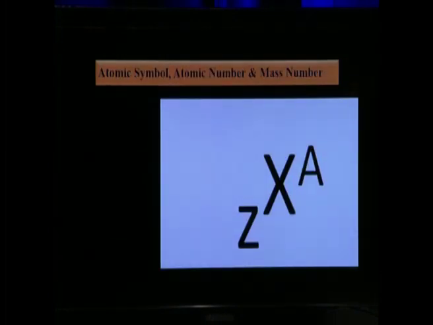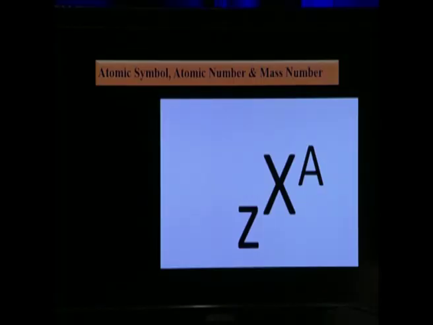Next, we will look at the atomic symbol, atomic number and mass number. So you have already learned, for example, X represents the symbol of the atom, Z represents the atomic number, and A represents mass number.